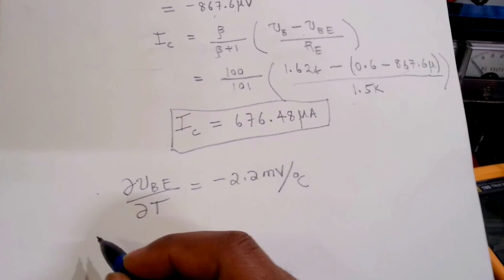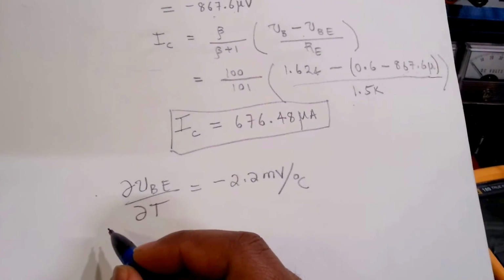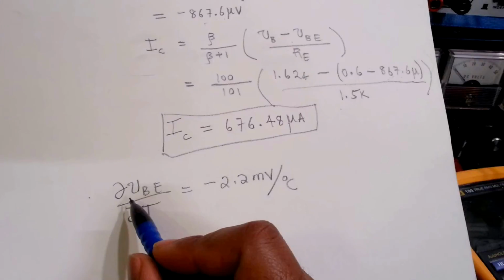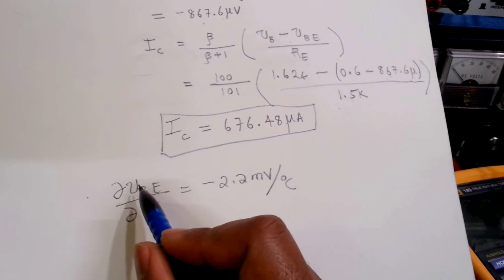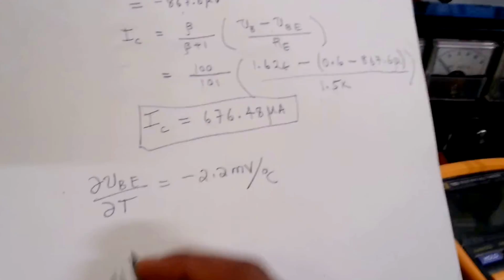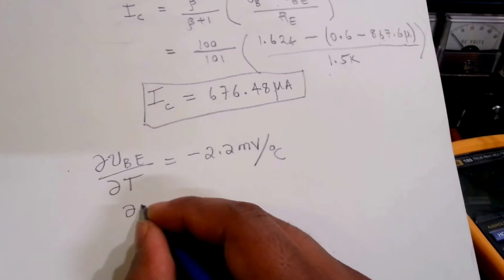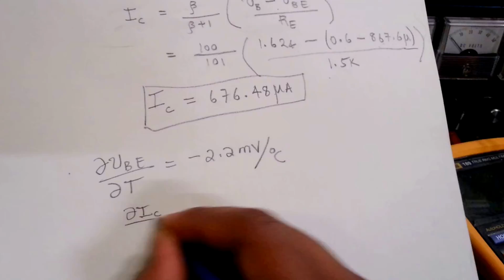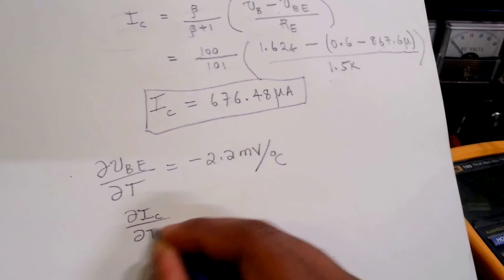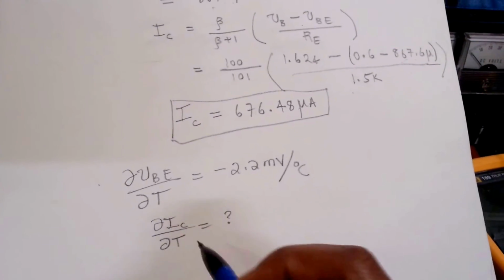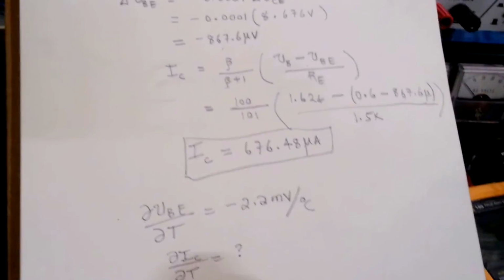We'll continue actually solving the first part of part D, because the question wasn't asking the temperature coefficient of the base emitter voltage. It's actually asking the temperature coefficient of the current in the circuit. So basically it's asking delta IC over delta T. This is what it's asking actually, so my bad. So I will continue to solve this part.